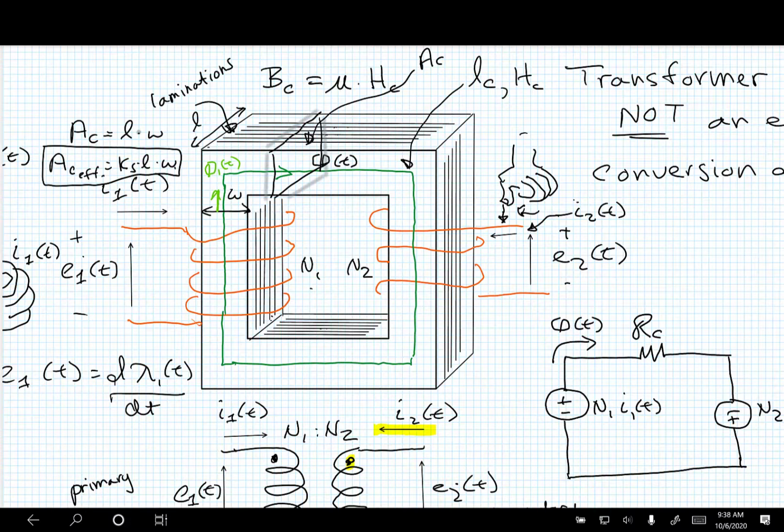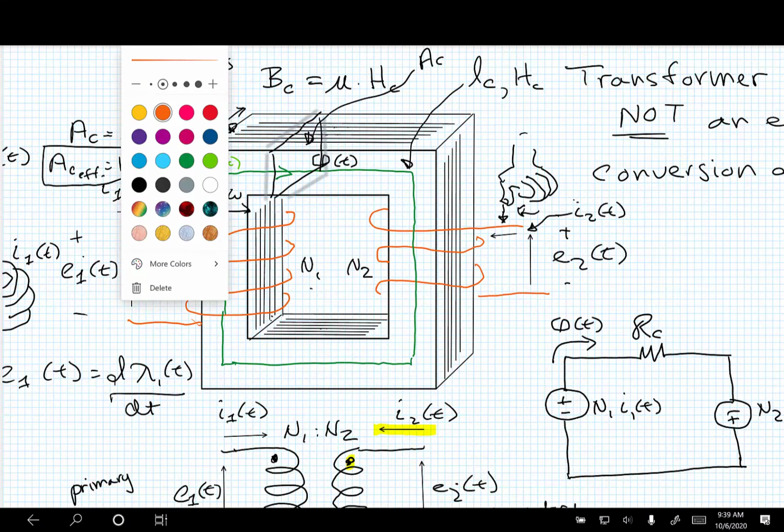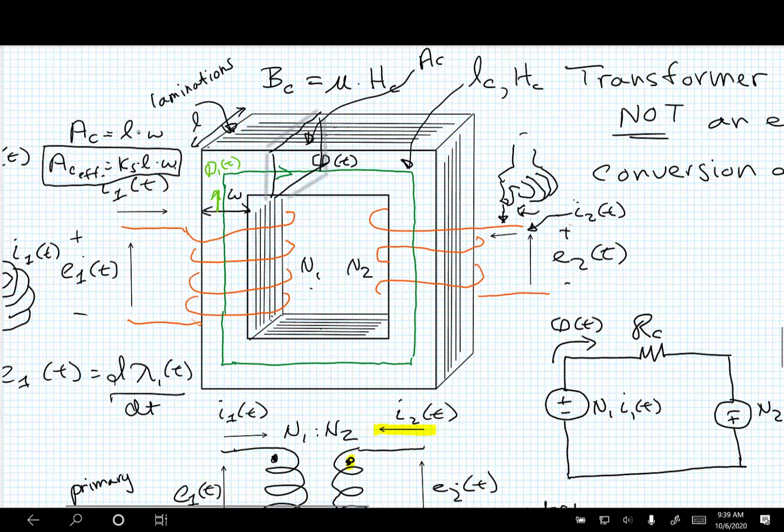You all get what we're really getting to. We're getting to where a transformer is going to be putting a load on the secondary side. So essentially I'm going to get to the point where I'm going to have some load. Let's be more general here.